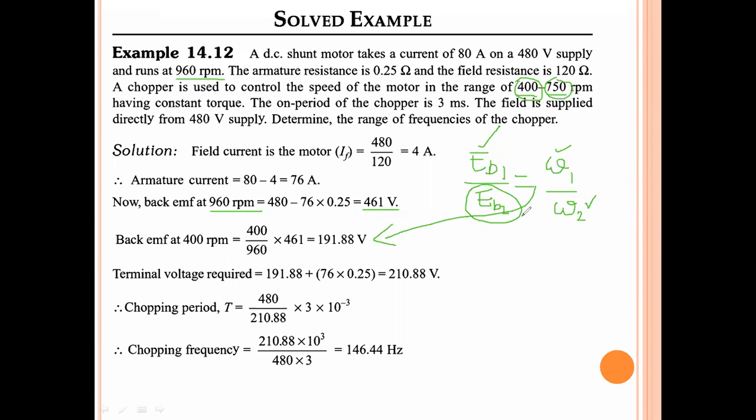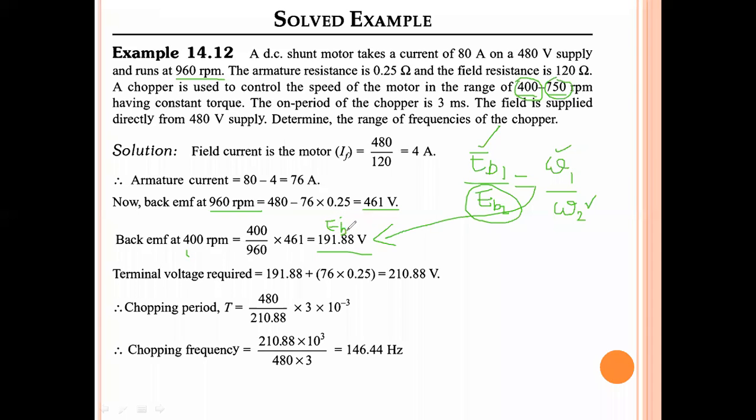Using this relation, the back EMF at 400 RPM, which is EB2, is 400 by 960 into 461 volts, which is 191.88 volts.